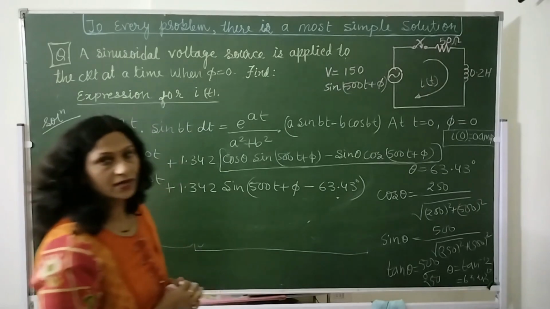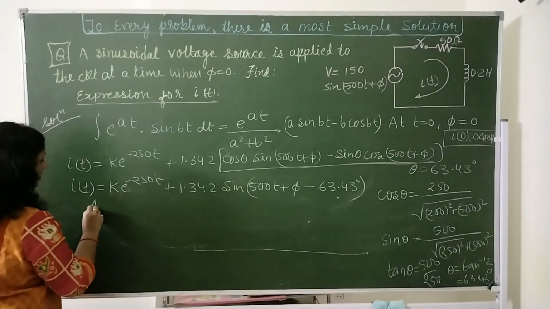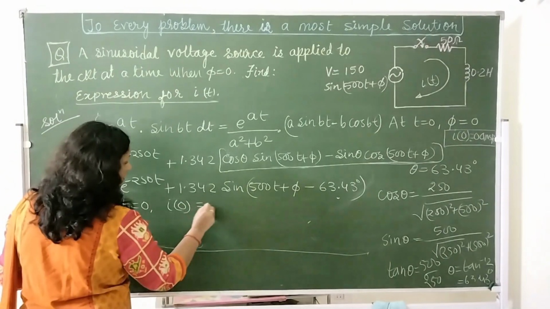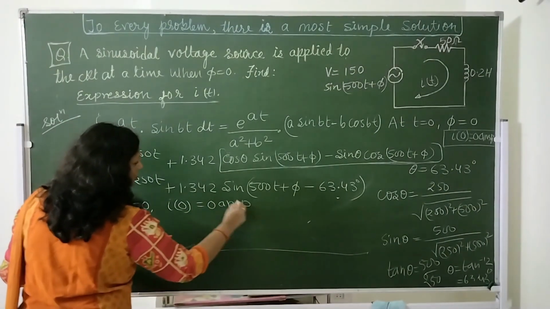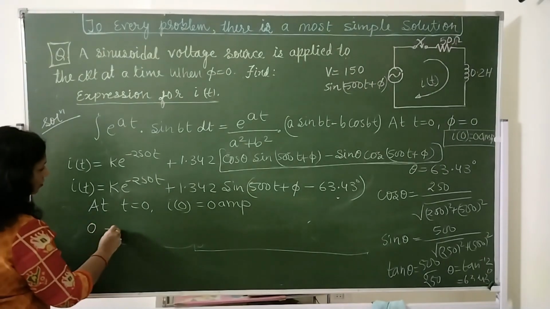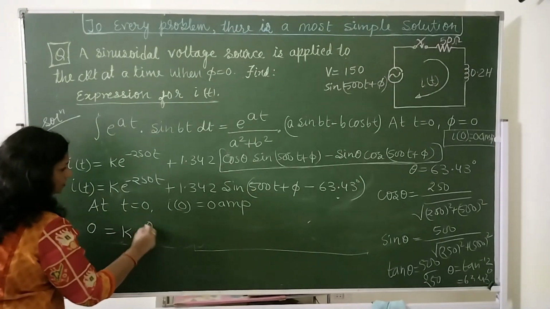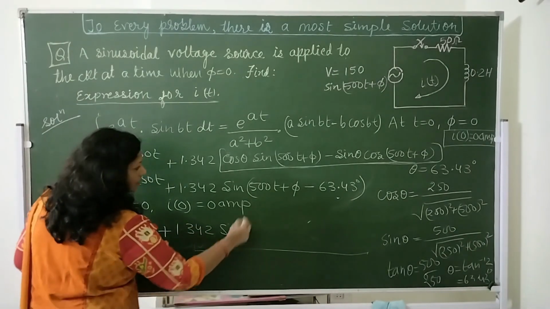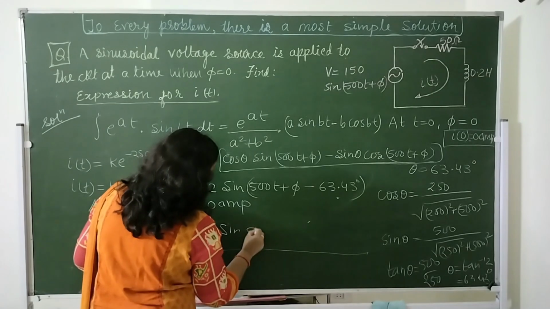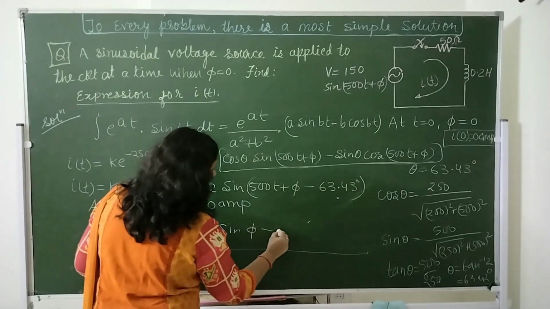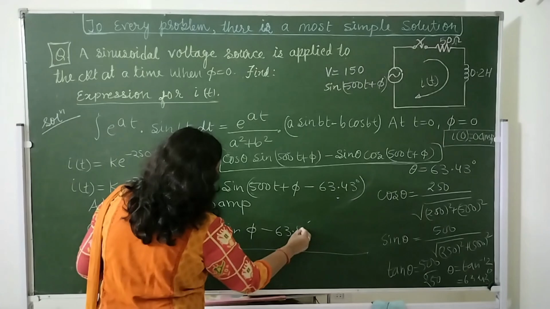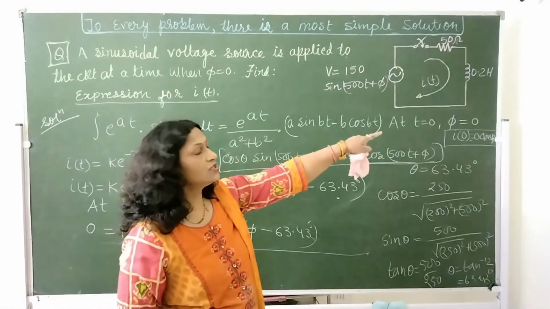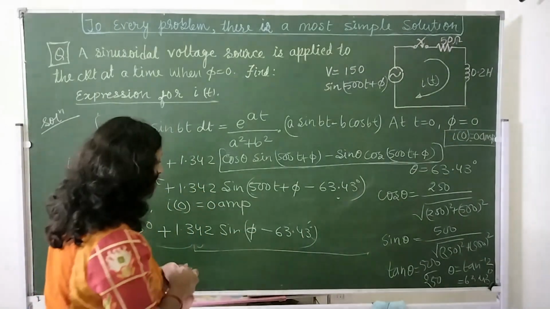We know the current at time t equals 0 is 0 ampere. So at t equals 0, I0 is 0 ampere. Substitute in the equation. This is 0, K e to the power 0, plus 1.342 sin, this becomes 0 plus phi minus 63.43. What about this phi? We know that at t equals 0, phi is also 0. It is given.